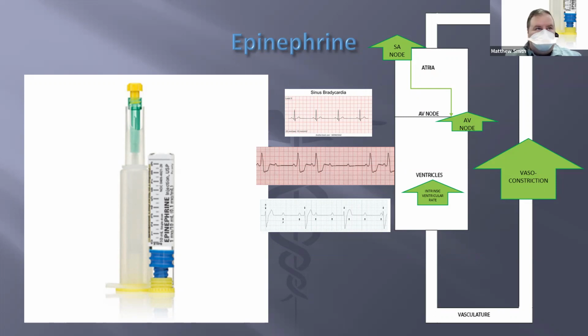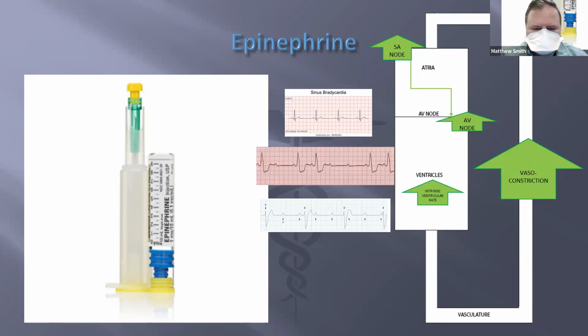And because of the laws of pressure, when we have fluid going through a smaller lumen, its pressure is going to increase. So as a result, when epinephrine causes vasoconstriction, that causes a direct increase in blood pressure, which is very helpful for these patients if they have diminished cardiac output secondary to bradycardia.